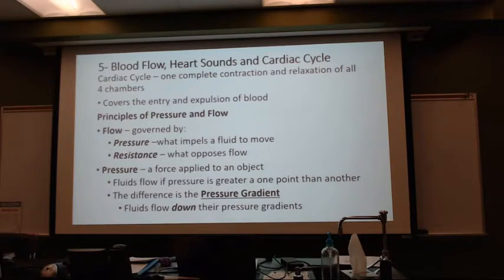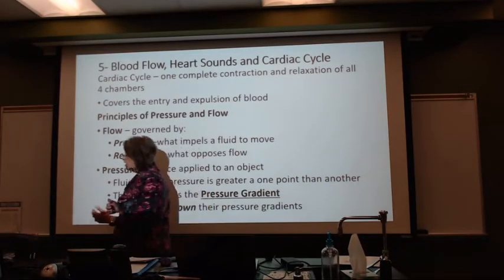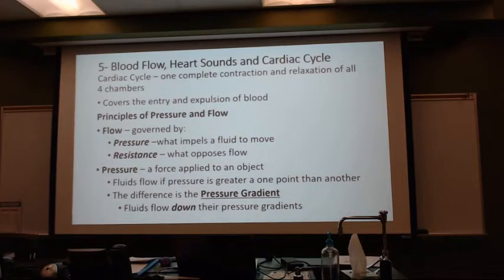We're going to be very dependent on blood flow with gravity as we go from the atria to the ventricles. But once we're into the ventricles, we're going to have to see that we're dependent on the contraction of that heart muscle itself.